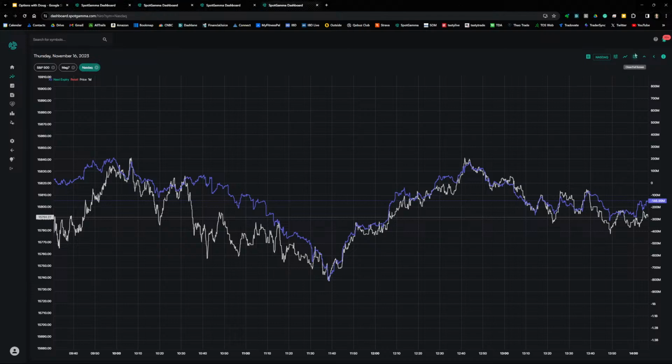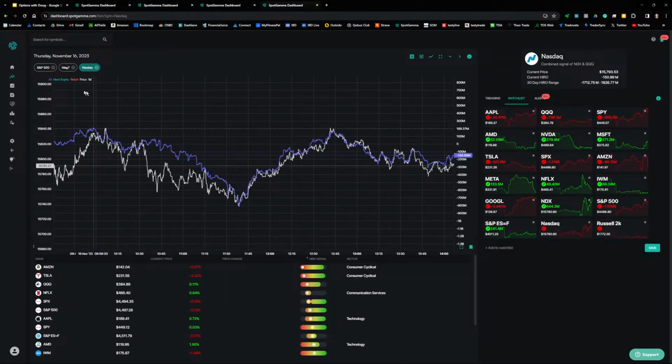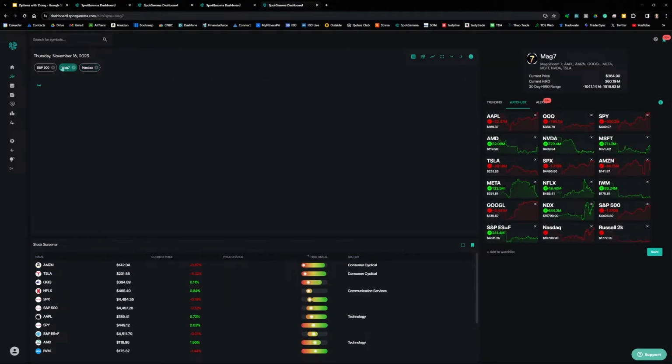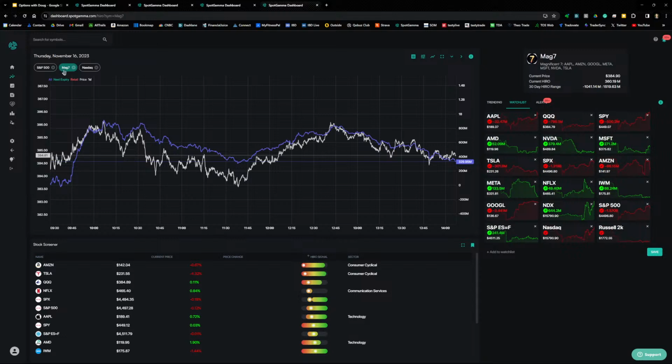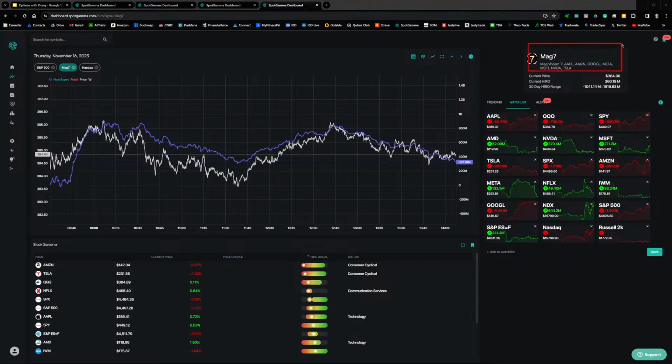And for NASDAQ especially, there's one additional signal that we can take a look at. This is the combined Hero signal for the stocks known as the Magnificent Seven: Apple, Amazon, Google, Meta, Microsoft, Nvidia, Tesla.